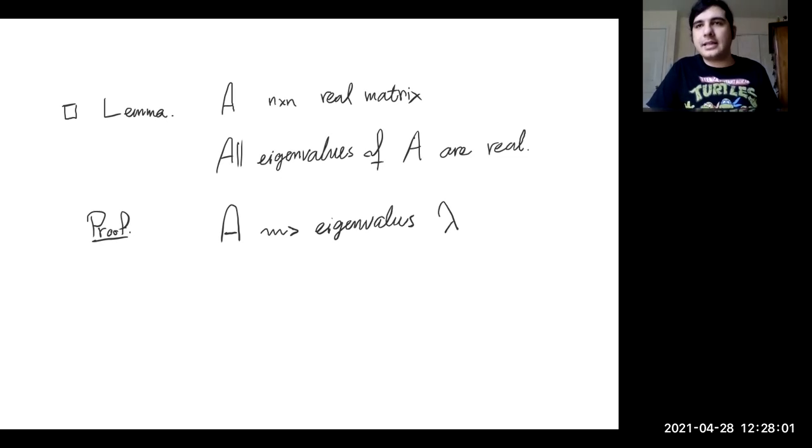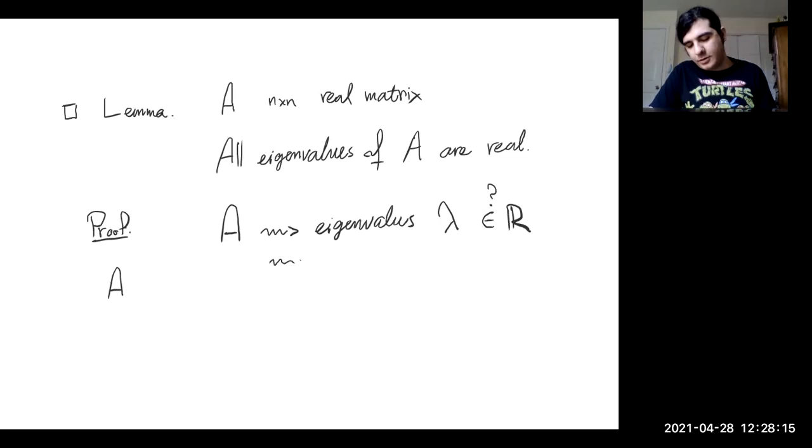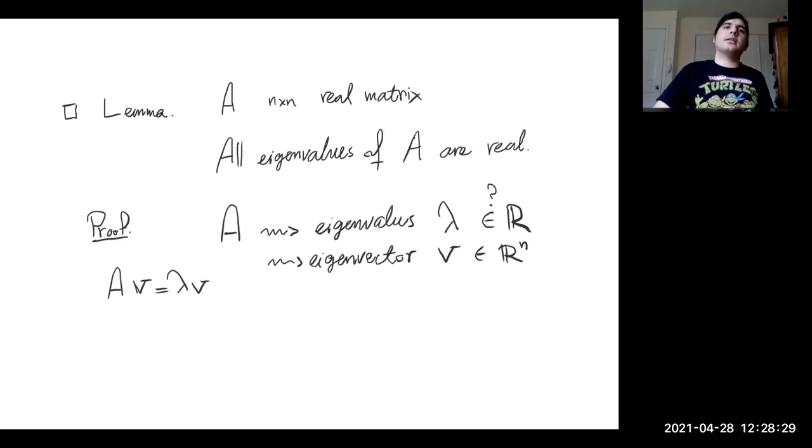The only point is that it might be a complex number. So the question is, is it a real number or not? By definition, this eigenvalue should come with some eigenvector. Say the corresponding eigenvector is V. So AV is equal to lambda V. Note that V is in R^n, the real vector space, not complex.